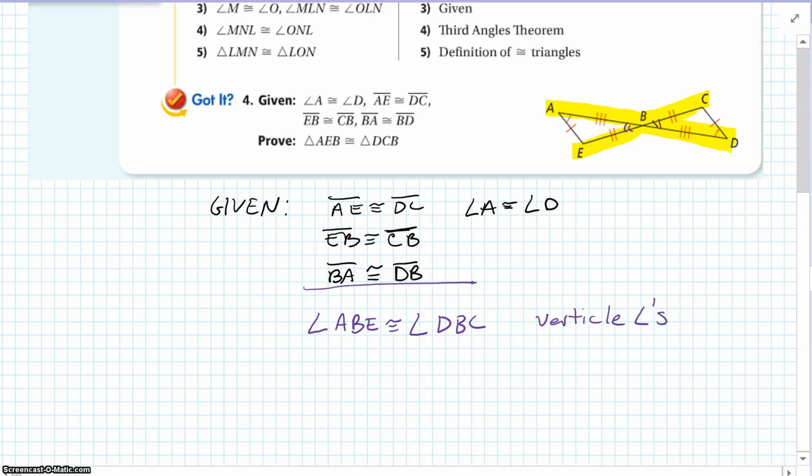Okay? So now I can prove angle E is congruent to angle C. How? Third angle theorem. So I have 3 sides of congruency and I have 3 angles of congruency, so I've proved congruent.